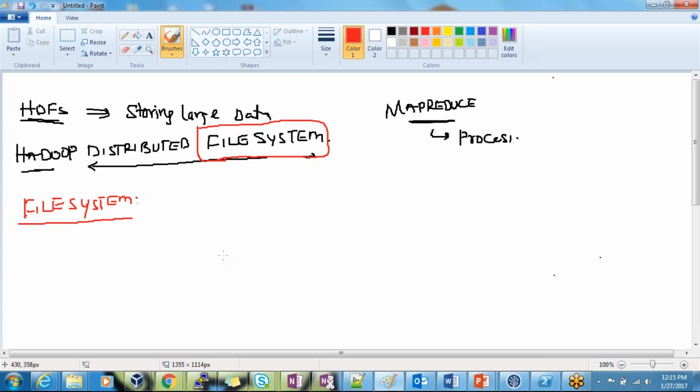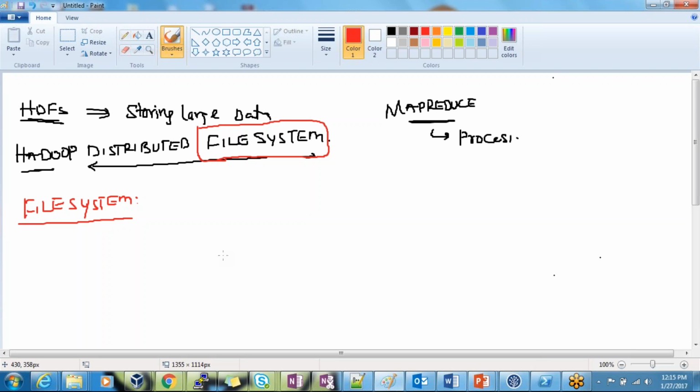There are multiple file systems available in the market. Windows uses the FAT file system, file allocation table, and from the Windows NT version onwards they started supporting NTFS, the new technology file system.